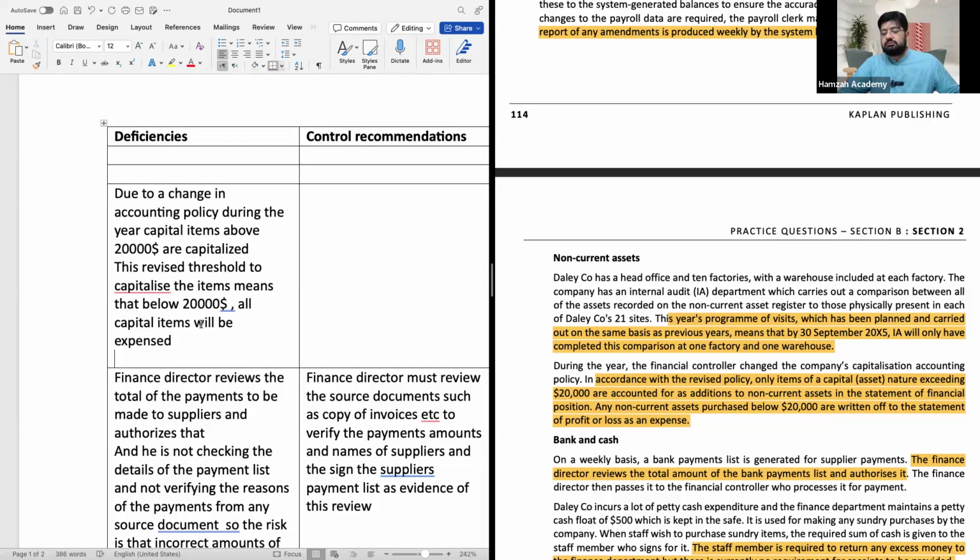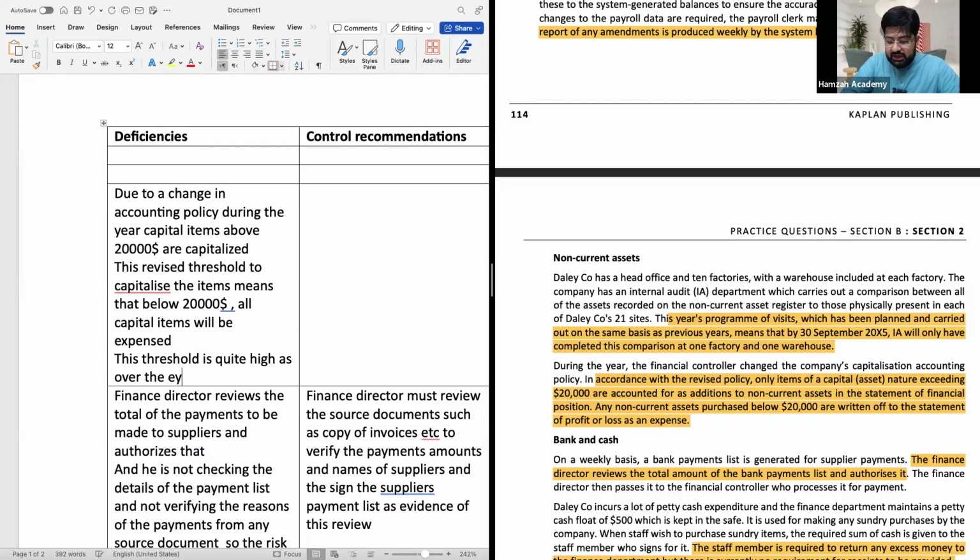Now, what is the explanation of this deficiency? This threshold is quite high. Yes, you are right. One student responded, quite high.